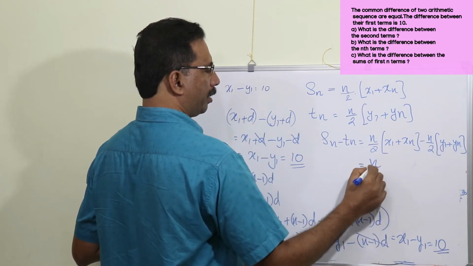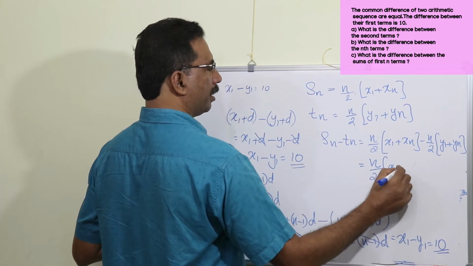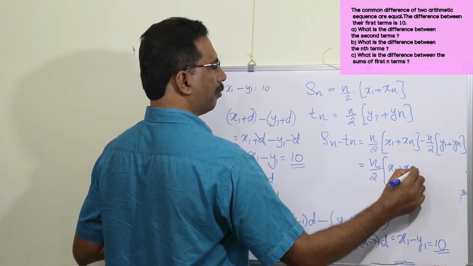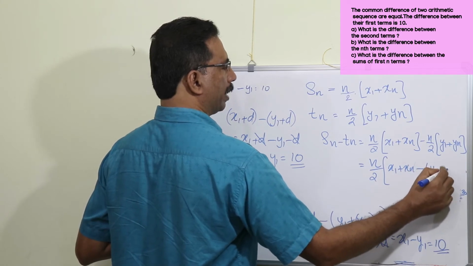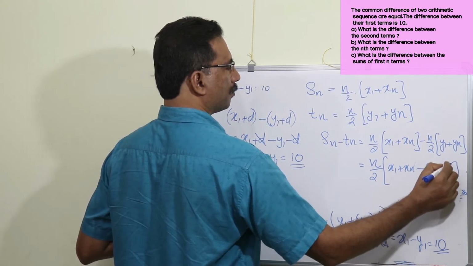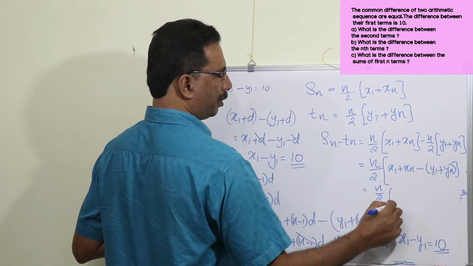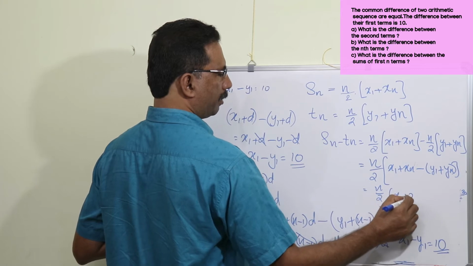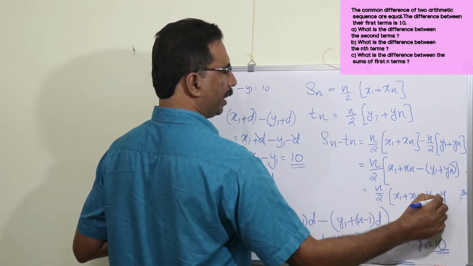We can take n by 2 as common, then Sn minus Tn is equal to n by 2 into x1 plus xn minus y1 minus yn.